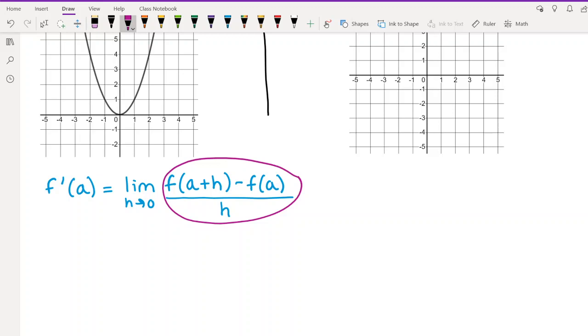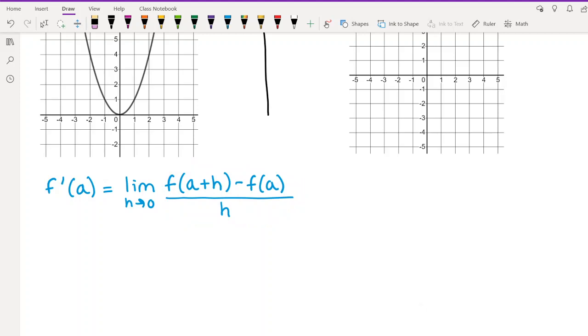And this plus h means that you're just looking at a point that's very close by. If you find the slope of the line that goes between those 2 points, you'll end up subtracting f of a plus h and f of a, and then in the denominator, you'll have a plus h minus a, which just gives you h. So this part that I circled is just the slope of a secant line between 2 close by points.